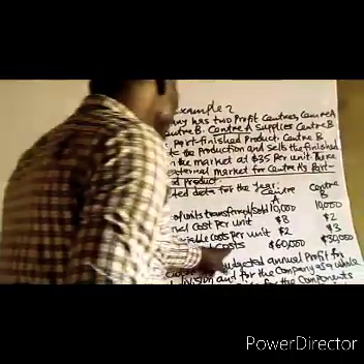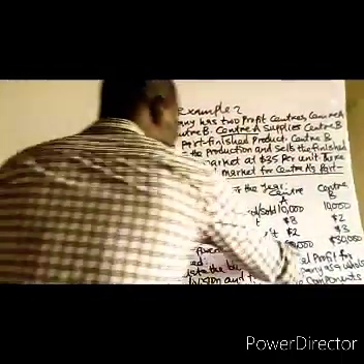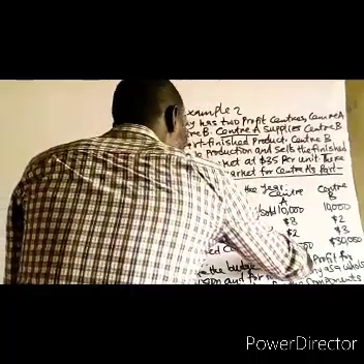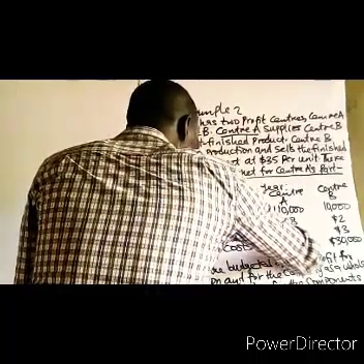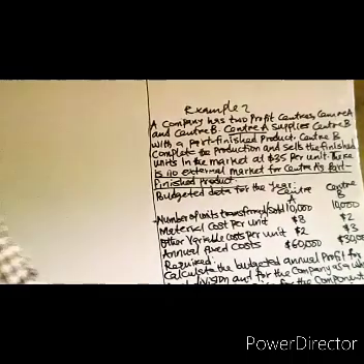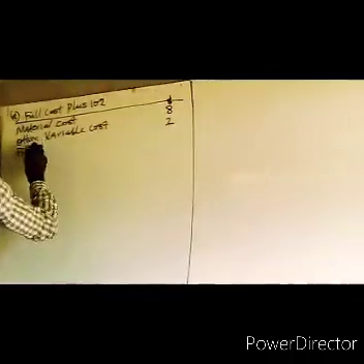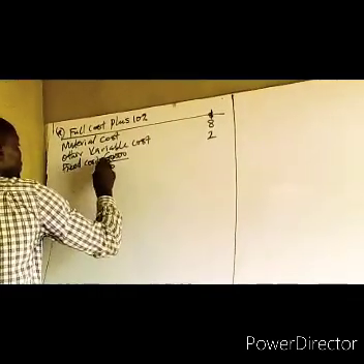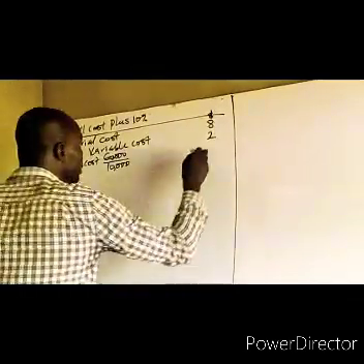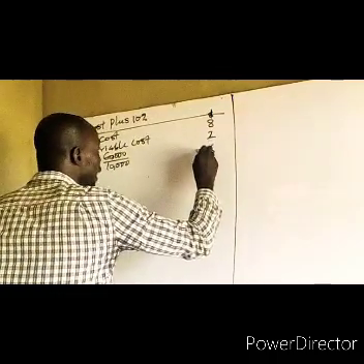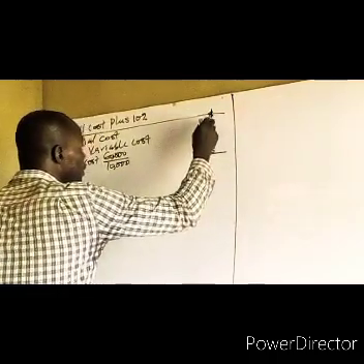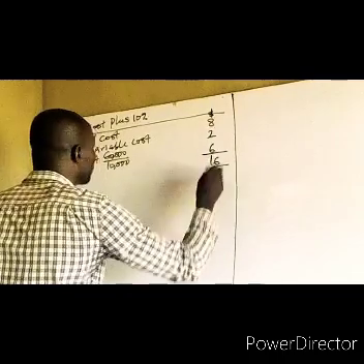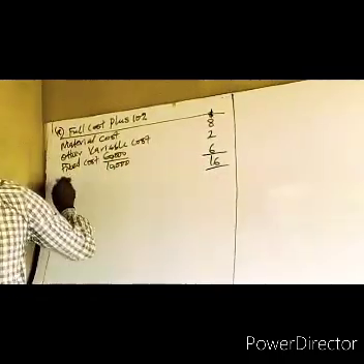Then we are equally given the annual fixed cost, which is $60,000. Now fixed cost per unit will be 60,000 divided by 10,000, and that will give us $6. When you sum it up, you have $16.